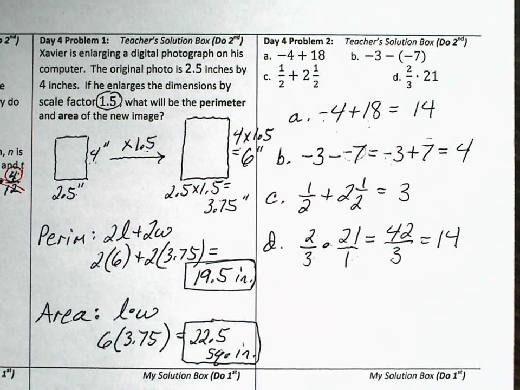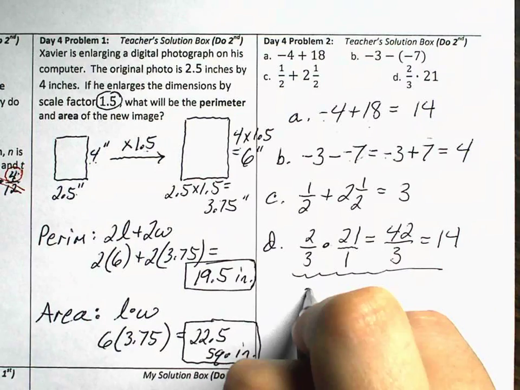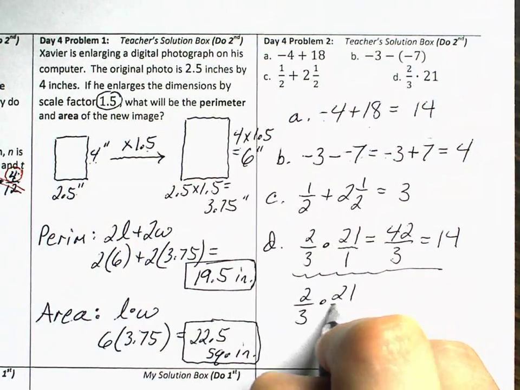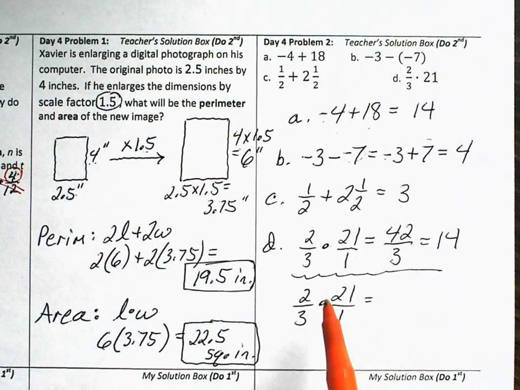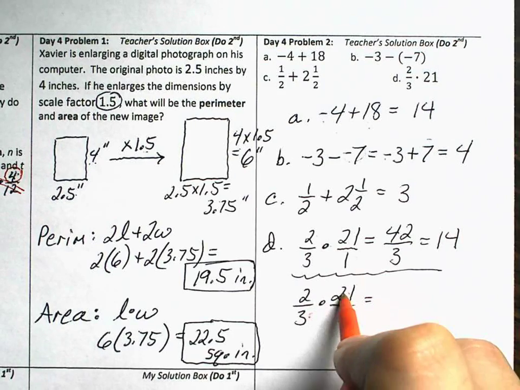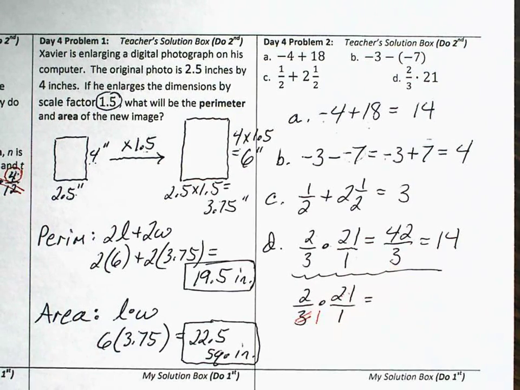Now, what if you didn't know that? On this problem here, 2/3 times 21 over 1, it might have been easier in the long run to do any reducing first. For instance, the 3 in the denominator can cancel with the 21 in the numerator. They both divide by 3. So 3 divided by 3 makes 1.